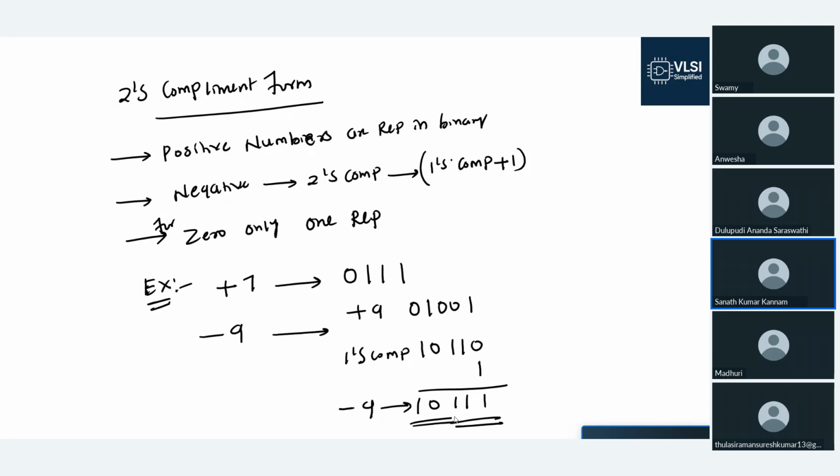In sign magnitude form, 0 has 2 representations. In 1's complement, positive numbers are represented normally in binary form and negative numbers in 1's complement form, and 0 has 2 representations. In 2's complement, positive numbers are represented normally, negative numbers in 2's complement form, but 0 has only 1 representation.